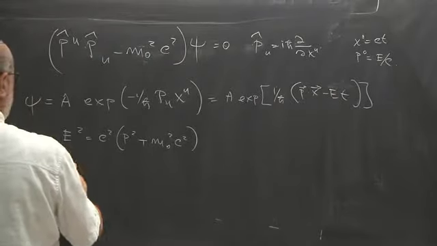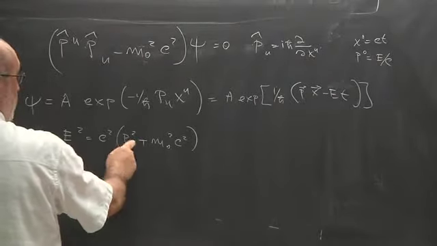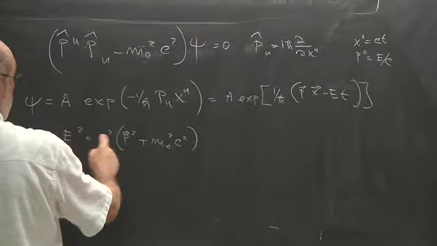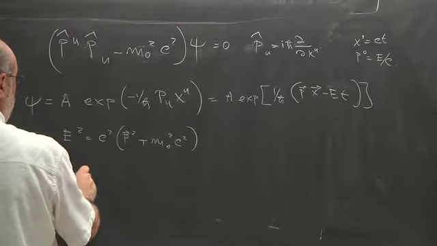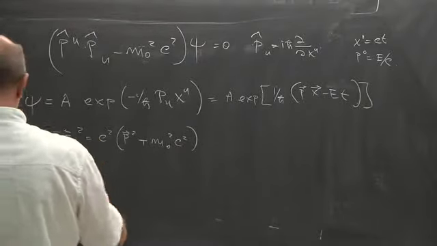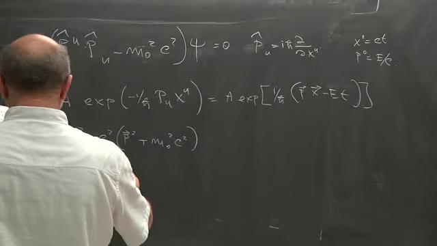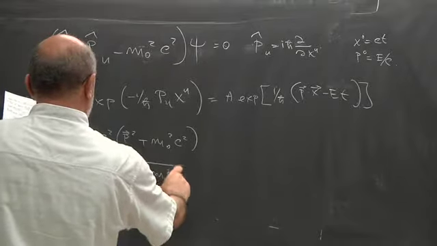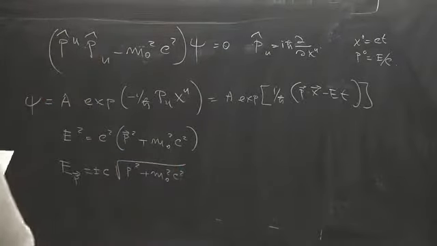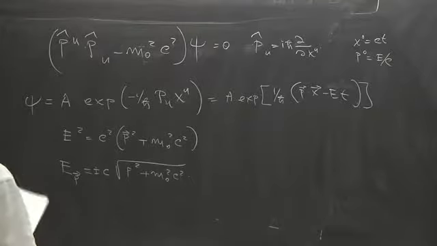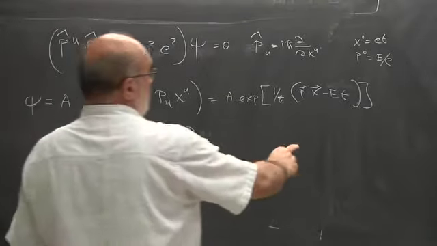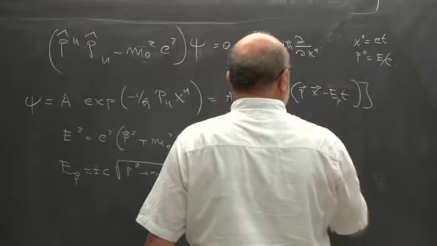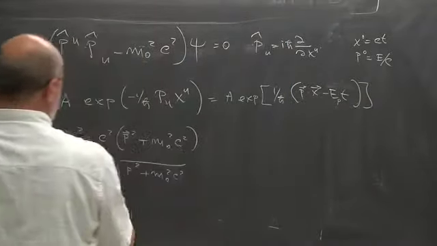Given p, the three-dimensional momentum, the energy associated to that p can be of two types, plus and minus the square root of c square p square plus m square c to the fourth. So the solution is valid only if E is not a generic E, but E_p, the one that solves this equation.